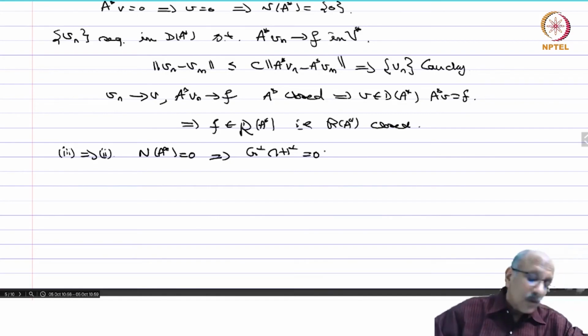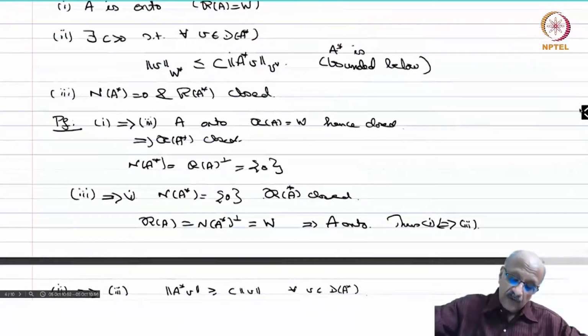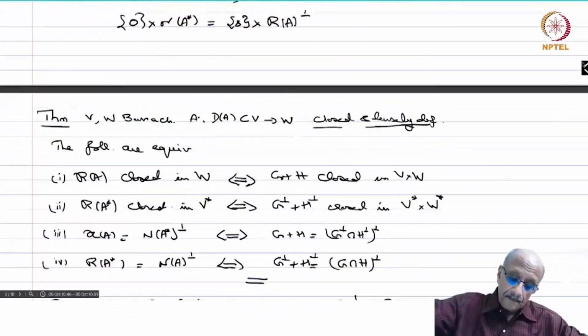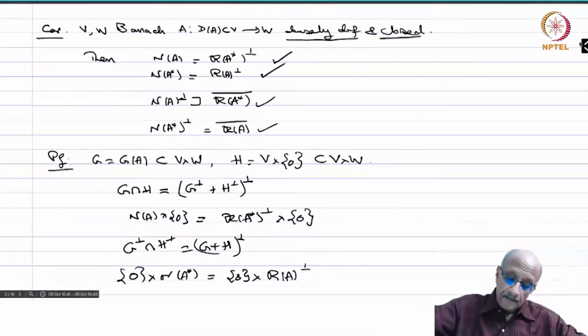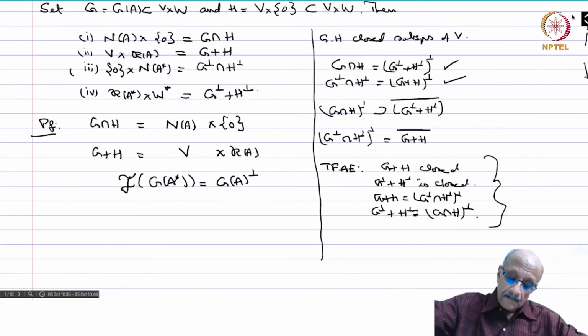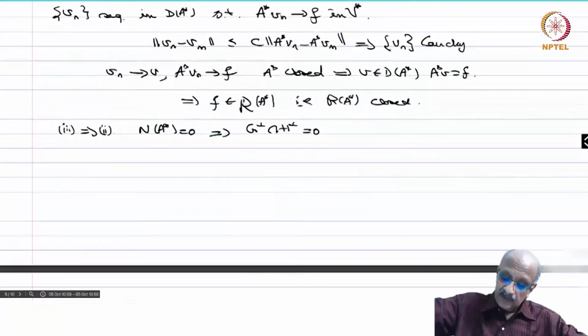Okay, because what is G perp intersection H perp, we computed it somewhere. G perp intersection H perp is 0 cross N(A star). If N(A star) is 0, then G perp intersection H perp is in fact 0.